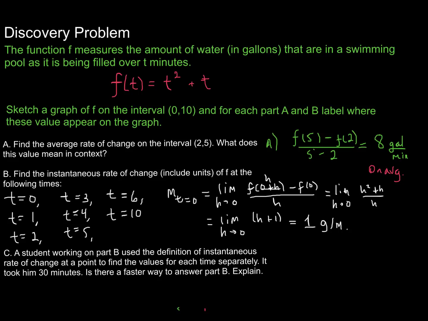Instead of finding the slope when t equals a, we're just going to find the slope for any value t. At first this might seem a little confusing, but instead of plugging in a specific value, we're just going to leave it as t. So take the limit as h approaches 0 of f of t plus h minus f of t over h.